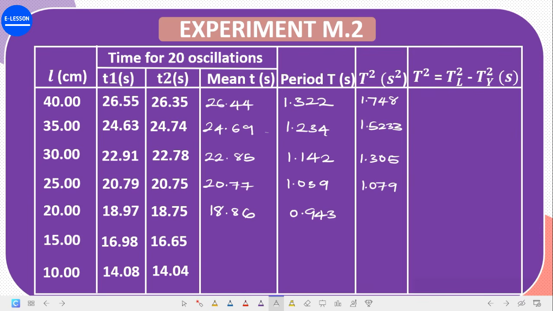Then when you square it, it's going to give you 0.889.